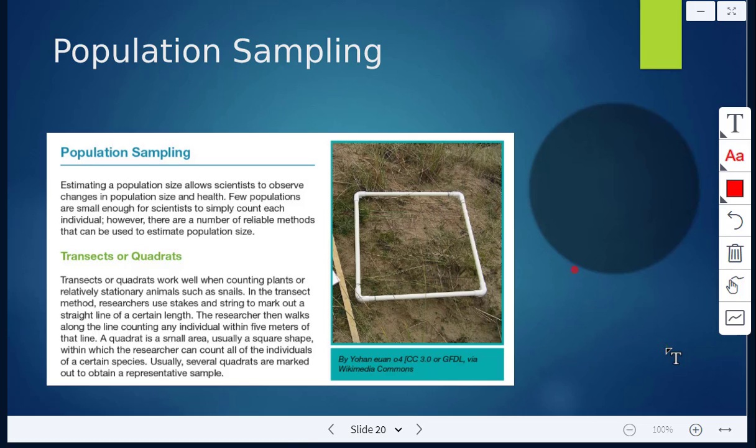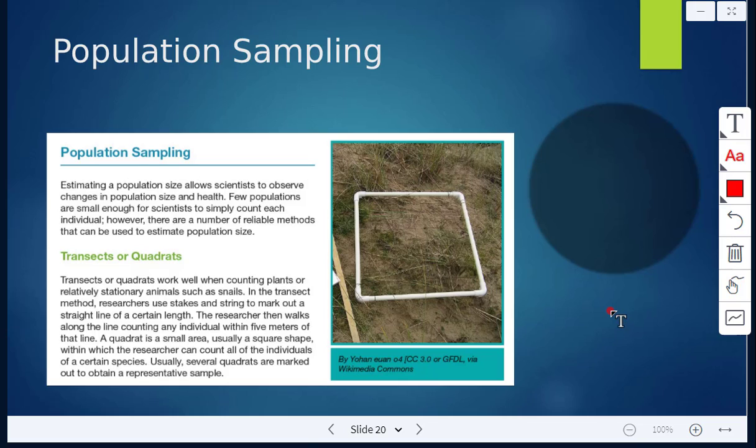This is transects or quadrats, and they work well when counting plants or relatively stationary animals like snails. So in the transect method, they use stakes and string to mark out a straight line of a certain length, and then the researcher walks along the line, counting any individual within 5 meters of that line.